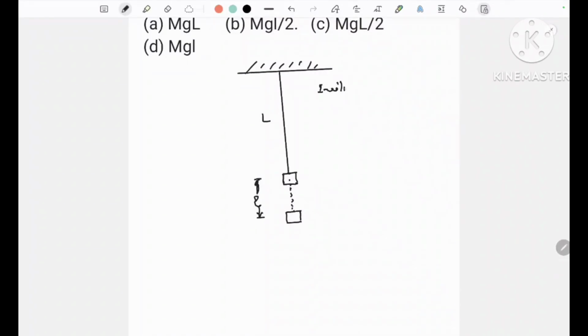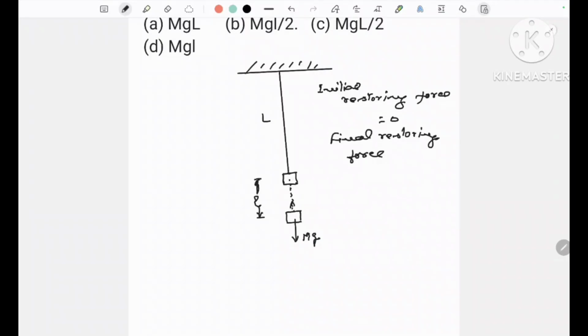Initial restoring force is 0. Final restoring force: weight will act downward, mg, and restoring force F will be upward, and this F will be equal to mg.